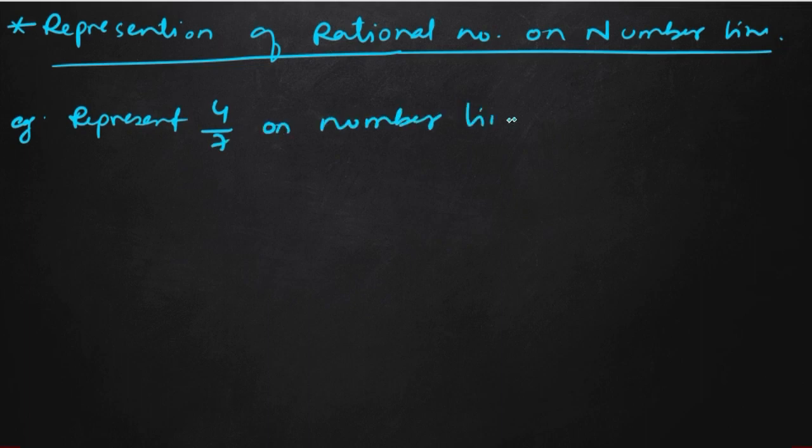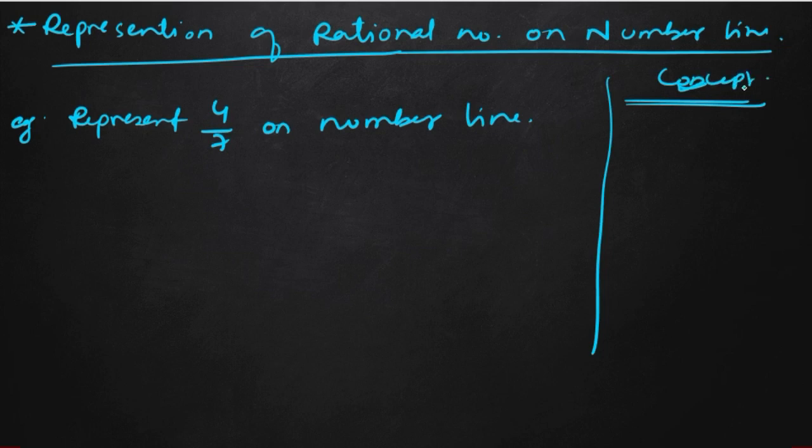Your first step, don't write this one; this is only for concept purposes, just to understand it. Our first step is to see what 4 by 7 is. As the denominator is bigger, this will be less than 1 but greater than 0. That means 4 by 7 lies between 0 and 1.